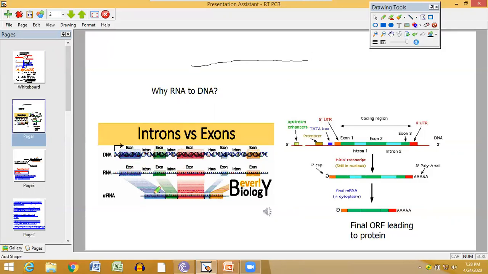But when mRNA is formed, which finally translates the protein by pairing with tRNA, the introns are spliced out by a process called RNA splicing, and only exons are coupled because we want only the coding frame here. So exons are coupled, which further translates into a protein.